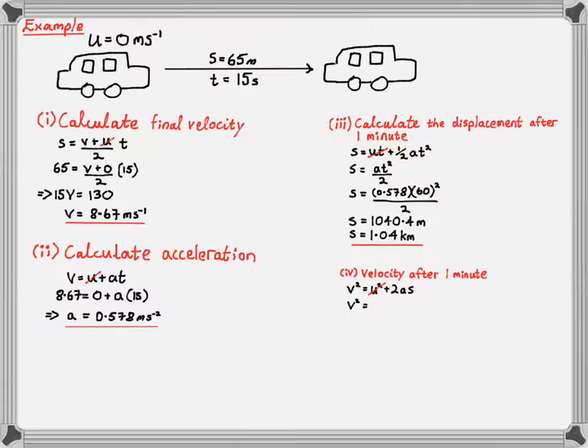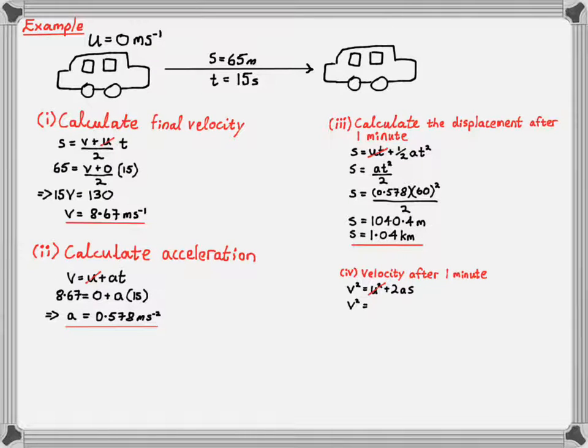This value over here. But I could say now, forget about everything that came before. I'm going to use this as my starting point, and I'm going to say that the initial velocity here is 8.67 meters per second. So in the previous example, we would have been calling that v, but now we'd call it u if we wanted to do that. But for simplicity's sake, I'm going to start from this point in the journey first.